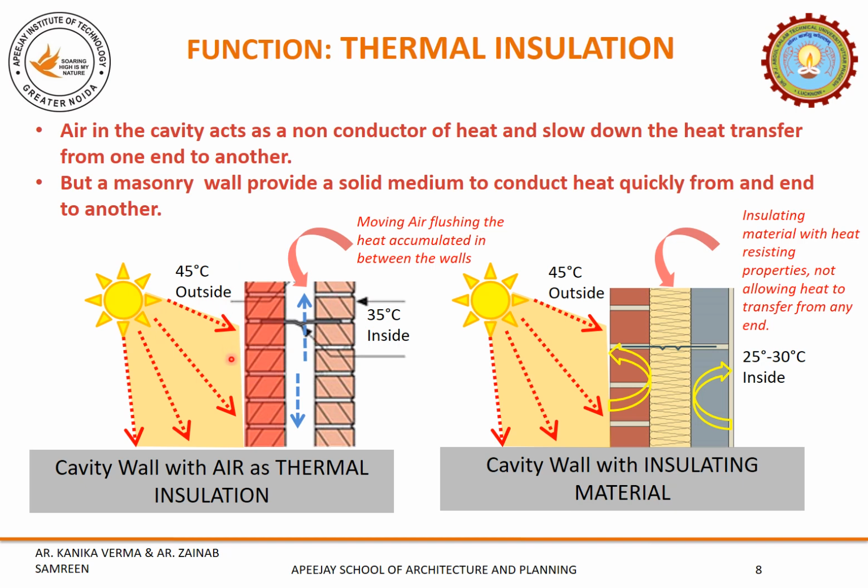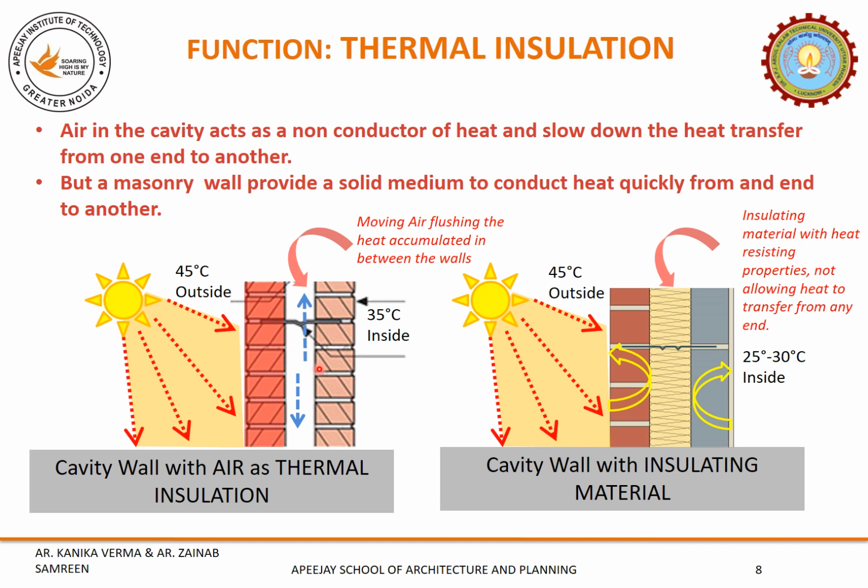For example, this image is of a cavity wall with air as thermal insulation, right? Here you can see the outside temperature is 45 degrees Celsius, but the inside temperature is 35 degrees Celsius. Why? Because the moving air flushes the heat accumulated in between the walls.